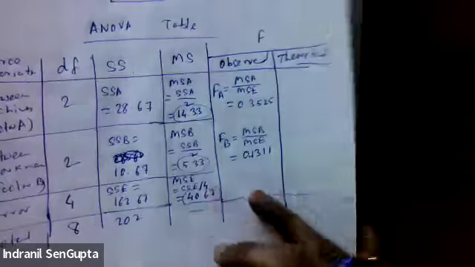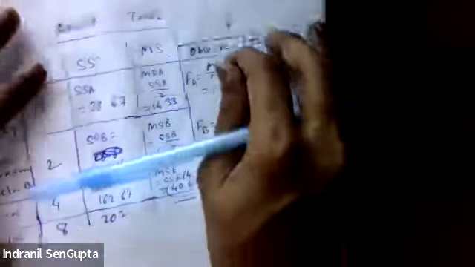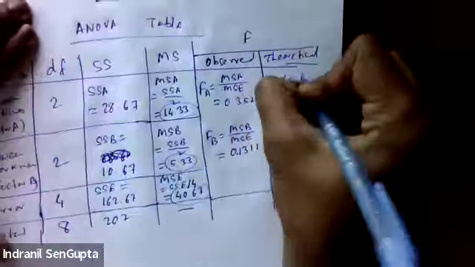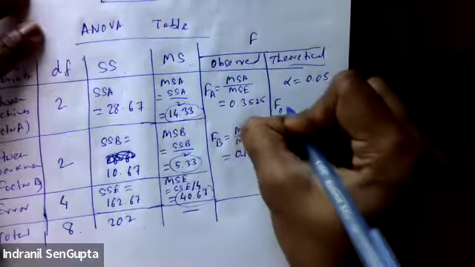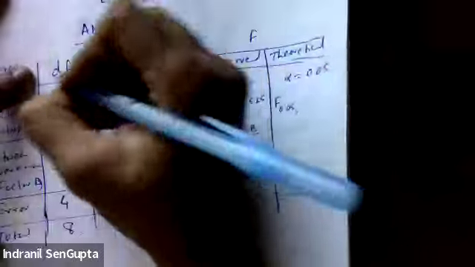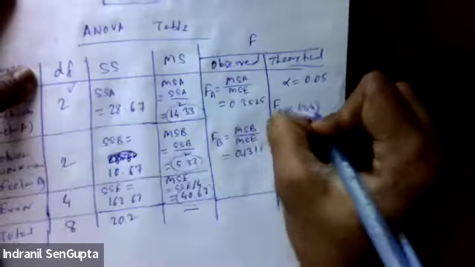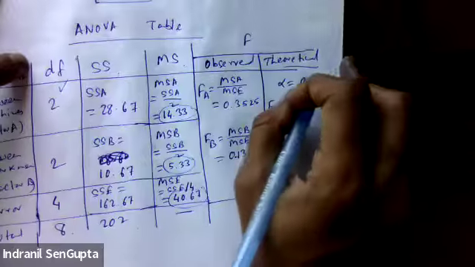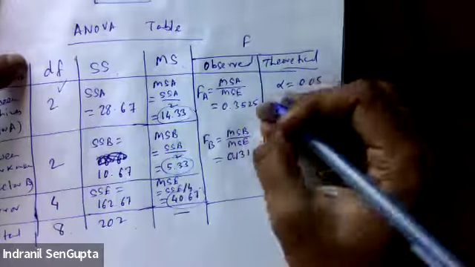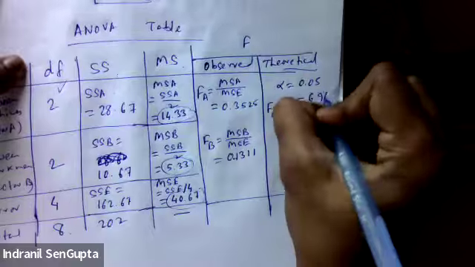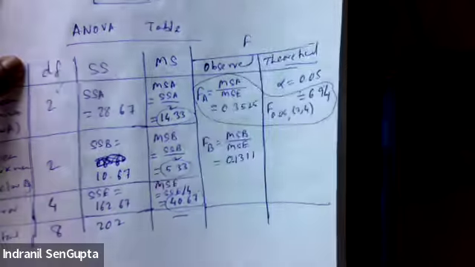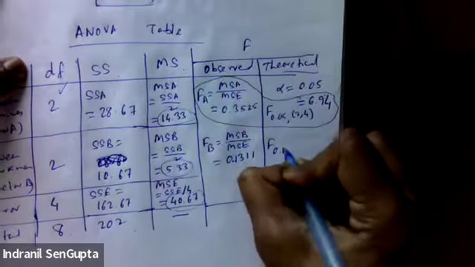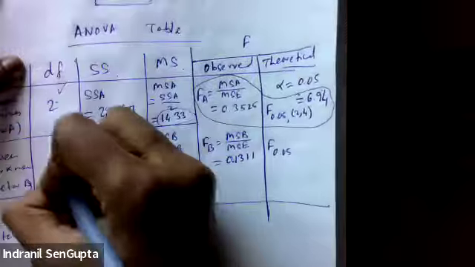Now the tabulated values, you can check it with, say, alpha value equals 0.05, f of 0.05 with the degrees of freedom 2 and 4. So that is given by 6.94. That's the comparison for this one. And also for this one, it's f of 0.05 and degrees of freedom 2 and 4.